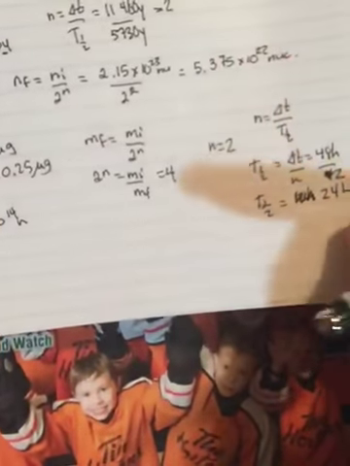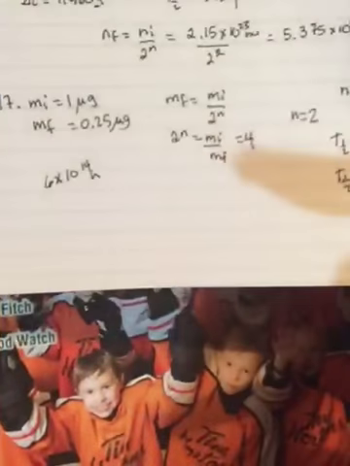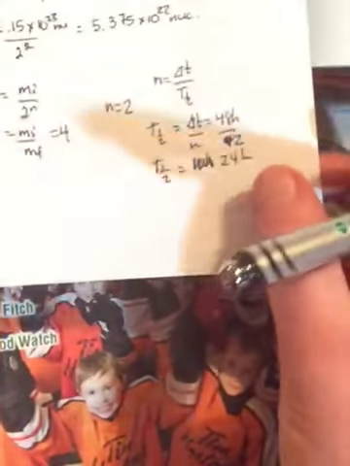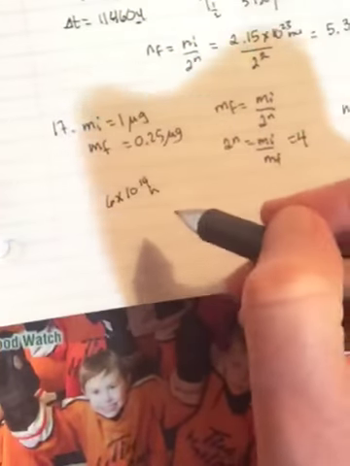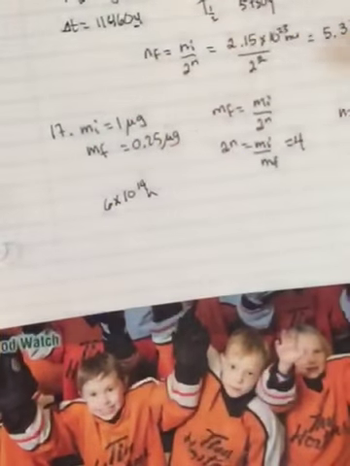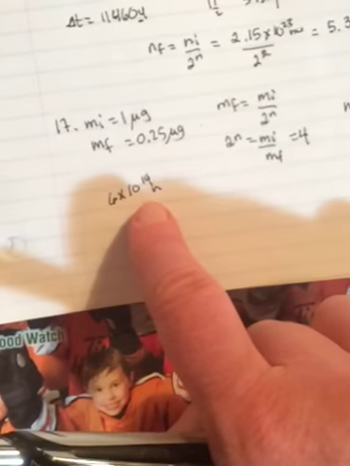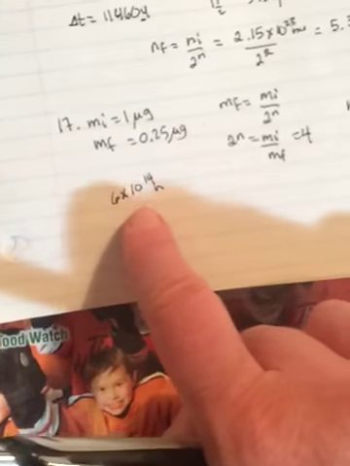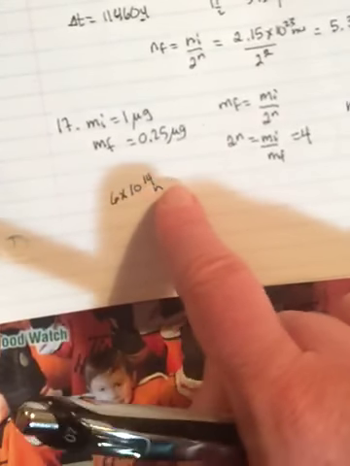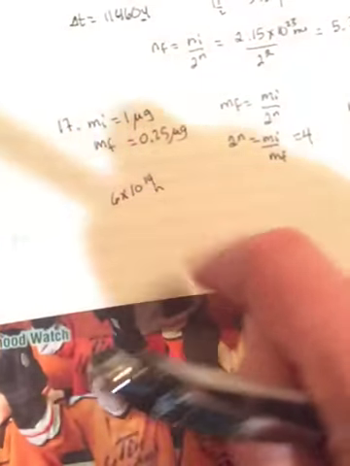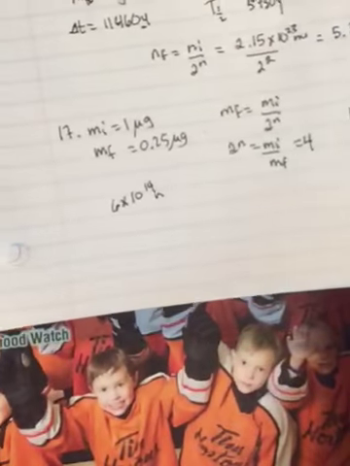In 24 hours, they kind of gave you the answer there in Part B for Part A. In 24 hours, half of it should be gone, so it should be 3 times 10 to the 14th would be the activity. How many particles are given off, or how many particles decay in 24 hours? Half of this, because the half-life is 24 hours. So it'd be 3 times 10 to the 14th.